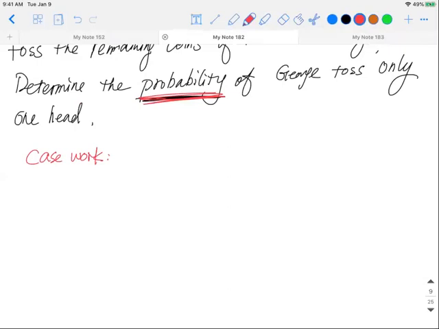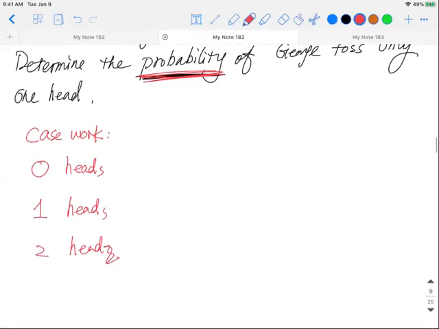He can have 0 heads, only 1 head, 2 heads, and 3 heads. It's quite understandable. Let's do this analysis.